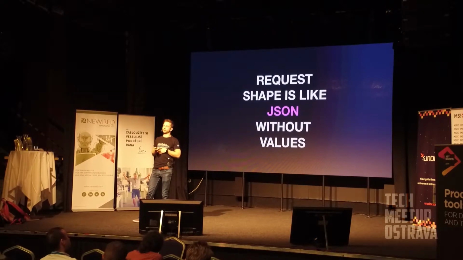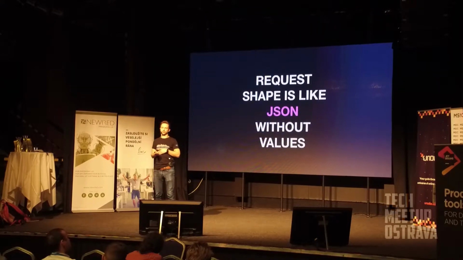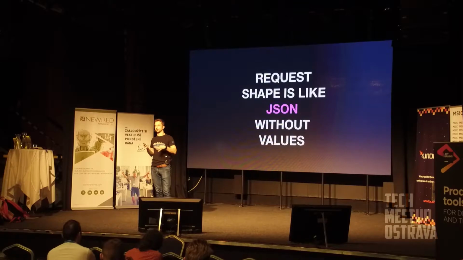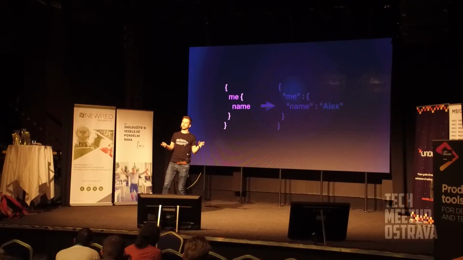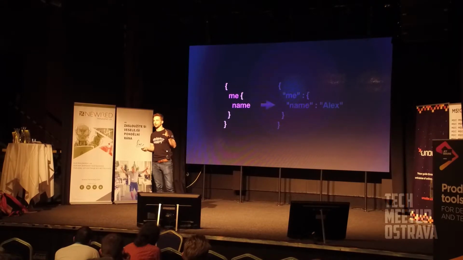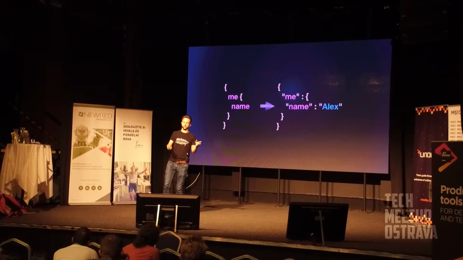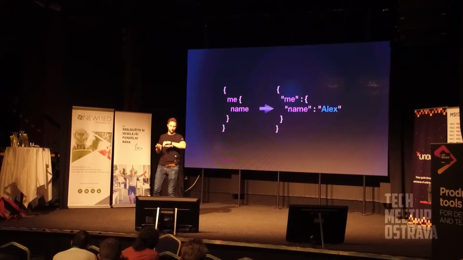The request shape, the payload that you send to the endpoint you get from GraphQL, looks like JSON without values, right? It's a very easy example: it looks like an object without values. And then you receive the response with the data in this exact shape.